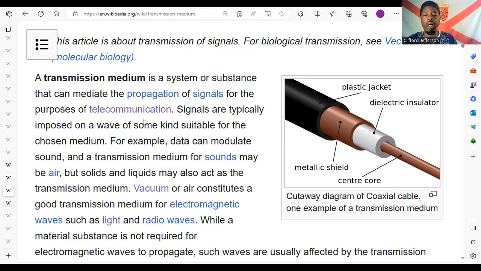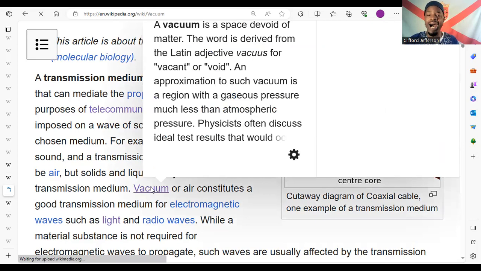Vacuums or air constitute a good transmission medium for electromagnetic waves such as light and radio waves. We know that light can be a form of signal and radio can be a form of signal. But we know that they are absent of what we call matter, because matter is absent of any body. It's void of any body.